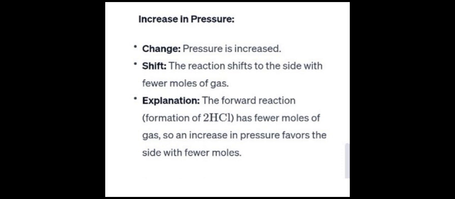So its product has few moles. An increase in pressure favors the side with fewer moles, which is the product. So that's it, guys. You'll understand it soon. That will be all, guys. Thank you.